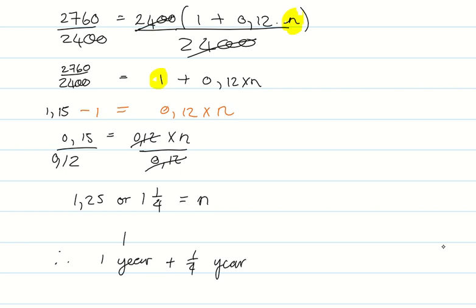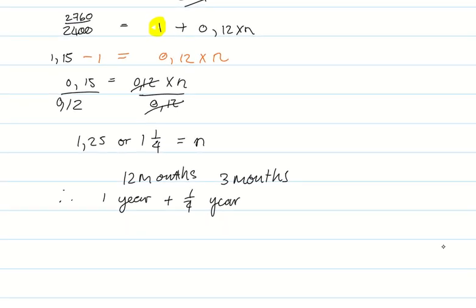I know 1 year is equal to 12 months, and a quarter of 12 is equal to 3. So it's 12 months plus 3 months, which equals 15 months. Therefore my final answer is: it will take me 15 months to earn 360 Rand at that interest. That's a nice question.